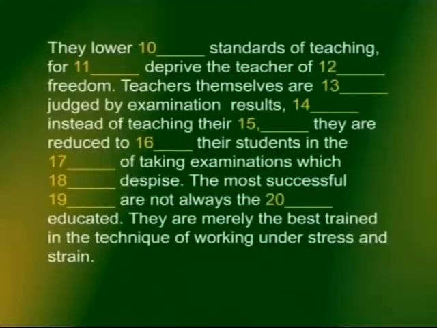The next gap, you can use two words. So, instead of teaching there, you can either use the word so or you can use the word and. So, instead of teaching their subjects, they are reduced to training their students in the art or technique of taking examinations, which despise.